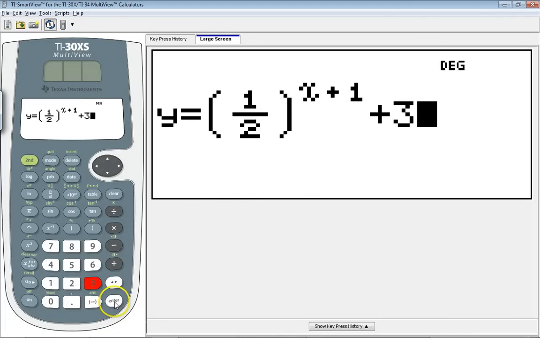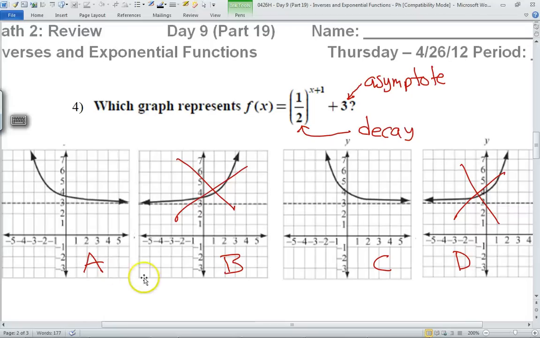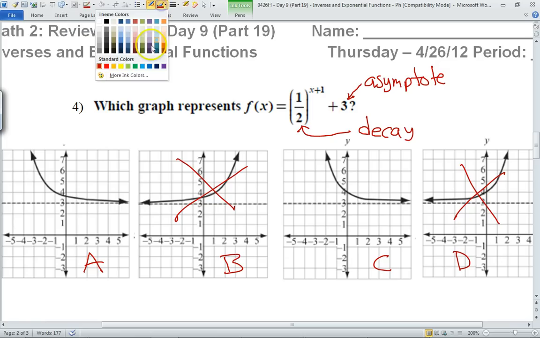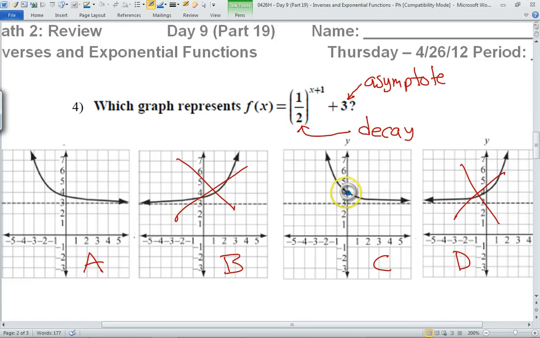Okay, let's look at the table of values. Before we look at the table of values, let's identify a key point that we can pick to tell us which one is going to be the right answer. For example, graph C has a nice clear point at 0, 4.